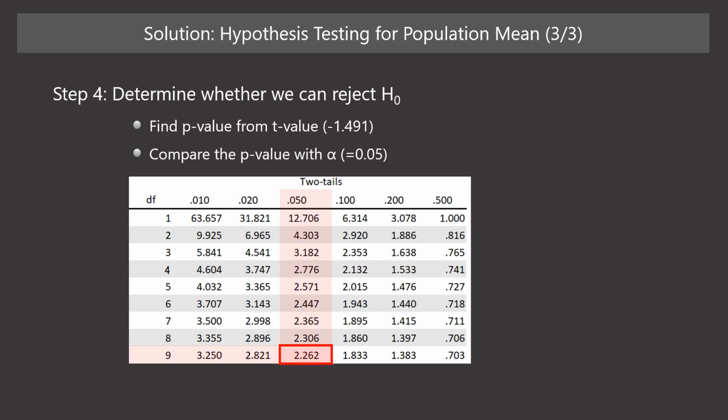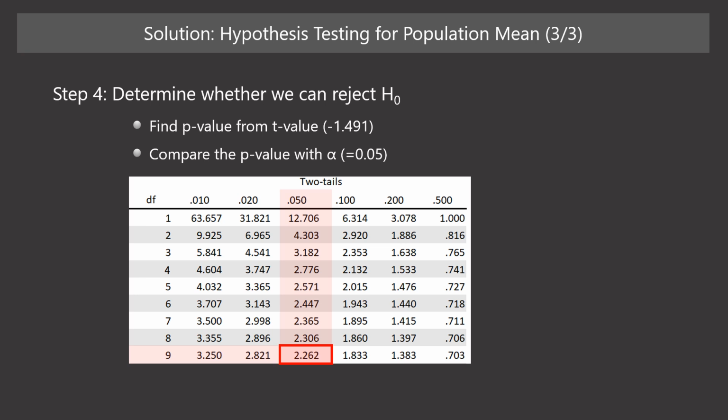So, we should see the intersection of the degree of freedom of 9 and the significance level of 0.05. The degree of freedom is computed by subtracting 1 from the sample size. The sample size is 10, so the degree of freedom is 9. At the intersection, the t-value is 2.262.